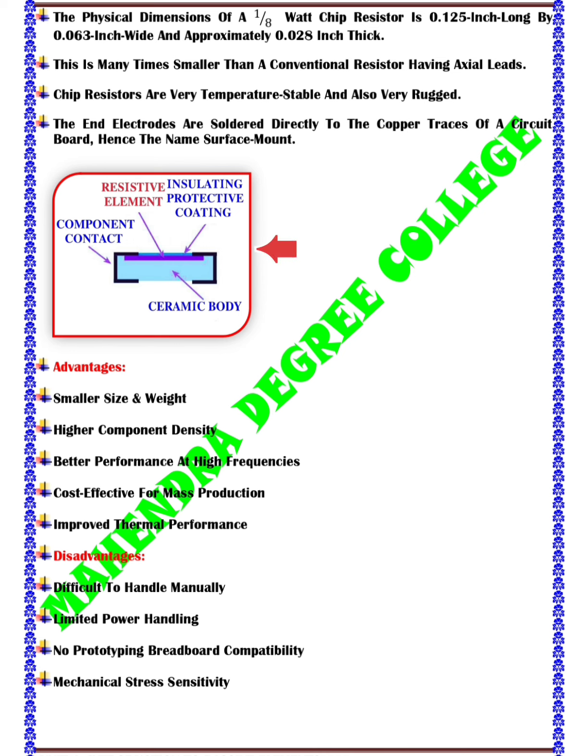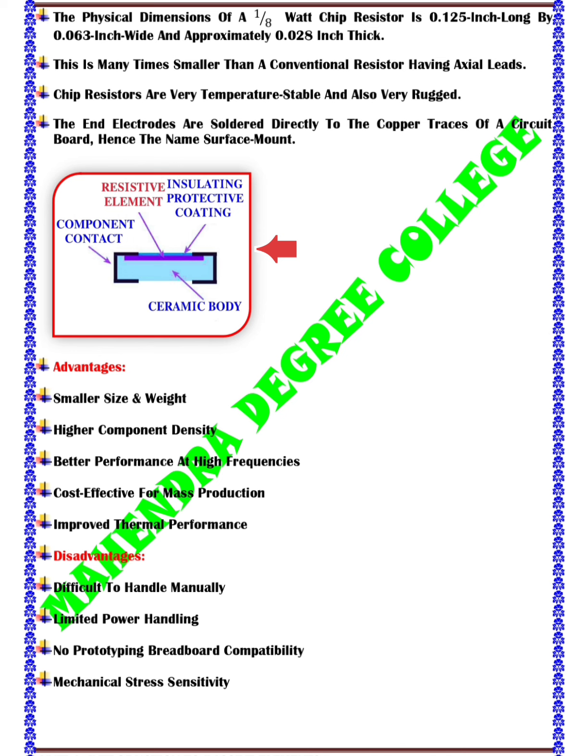The image shown is a 0805 SMD resistor, a type of surface mount device commonly used in electronics. It is a small, rectangular component designed to be mounted directly onto the surface of a printed circuit board. The surface mount resistor components: First one, ceramic body. It provides the main structure. Second one, resistive element.